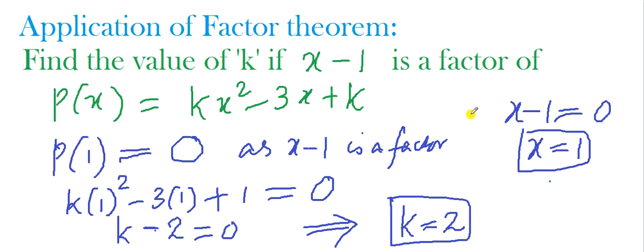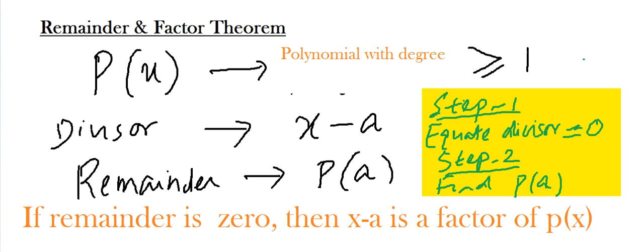Let me quickly go back to all the important points. Let us recall, if you are given a polynomial whose degree is greater than or equal to 1 and you are given another linear polynomial of this form, a linear polynomial will always be of this form, then you can always find the remainder without using the long division process using this particular method.